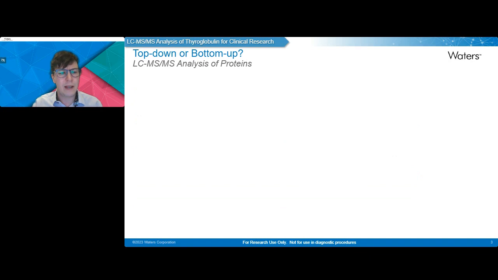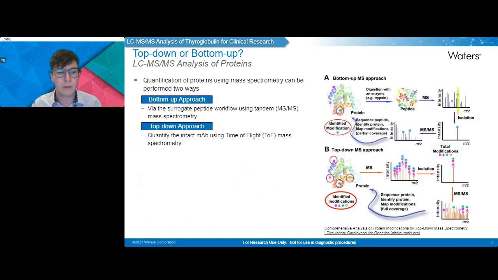So, the top-down or bottom-up approach. Analysis of proteins has been done by mass spec for a number of decades now. This can be done using the bottom-up approach, so using bottom-up tandem mass spectrometry. And this entails, as you can see on the right of the slide in the illustration, the use of digestion.